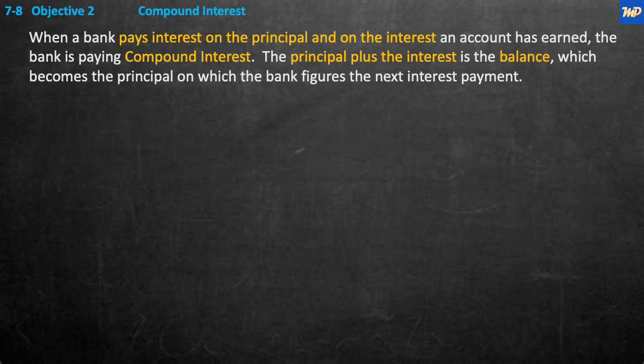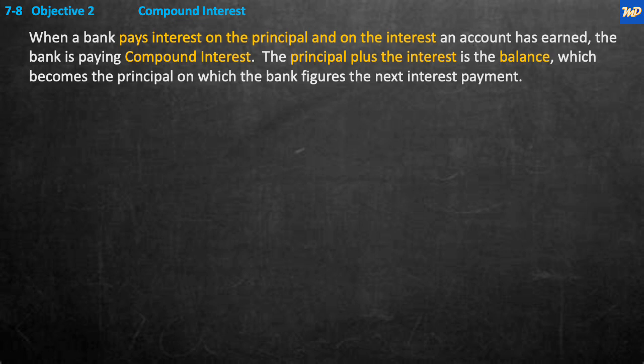So we talked about simple interest in the last set of slides, and now we're going to talk about compound interest. When a bank pays interest on the principal and on the interest an account has earned, the bank is paying compound interest. The principal plus the interest is the balance, which becomes the principal on which the bank figures the next interest payment.